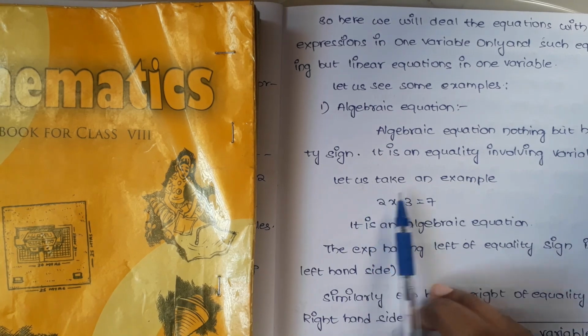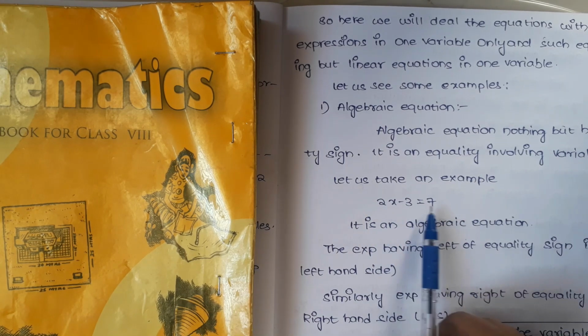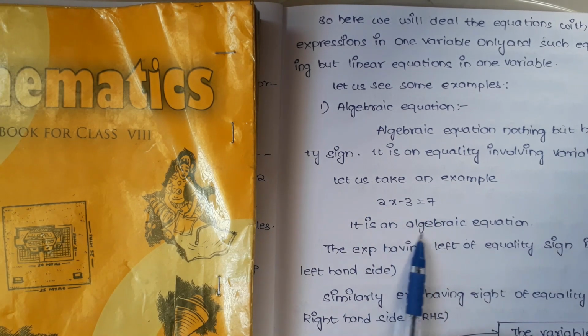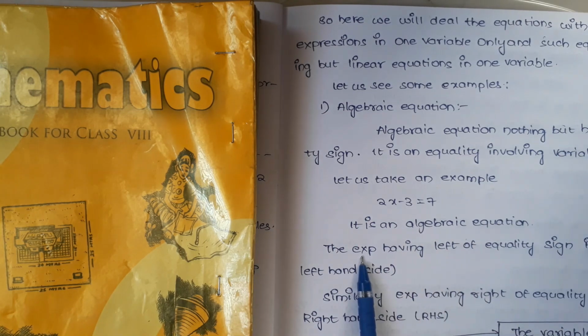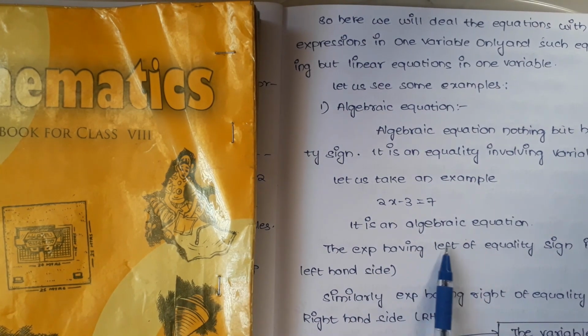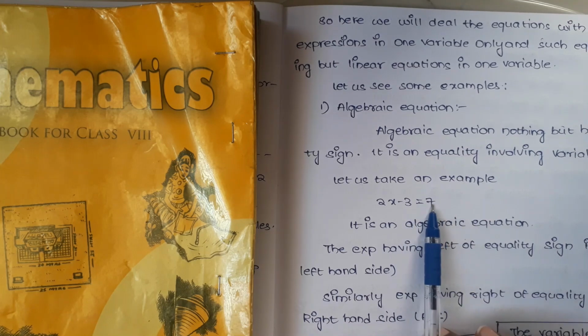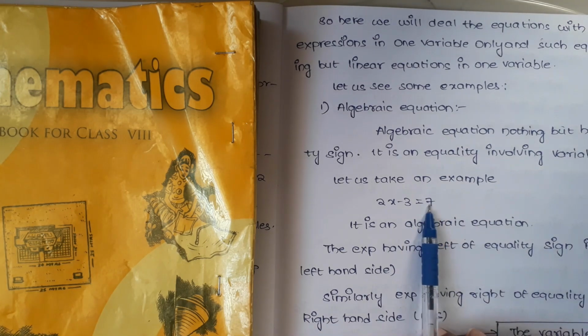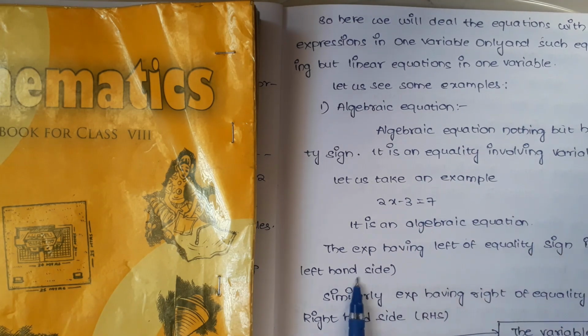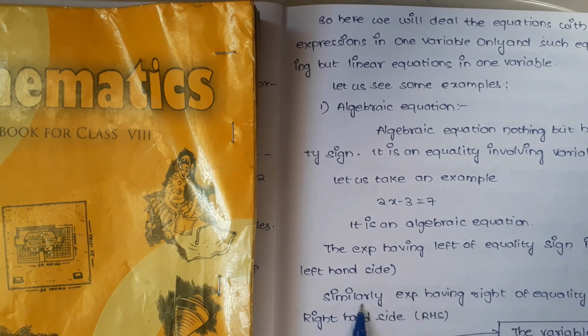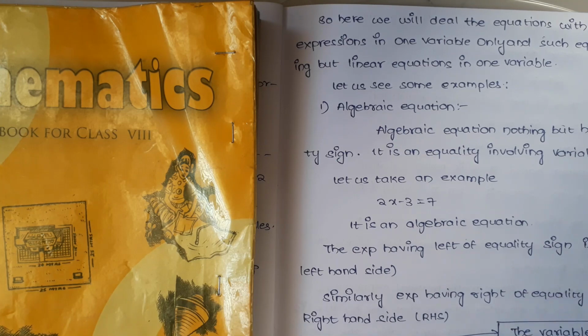Let us take an example: 2x minus 3 equals 7. It is an algebraic equation. The expression on the left of the equality sign is the LHS, that is left hand side. Similarly, the expression on the right of the equality sign is called the right hand side, RHS.